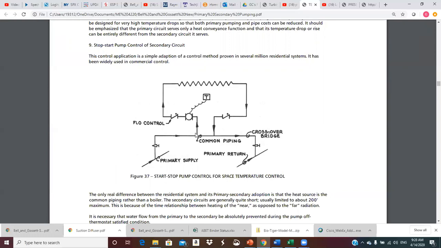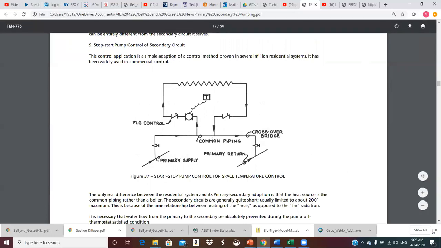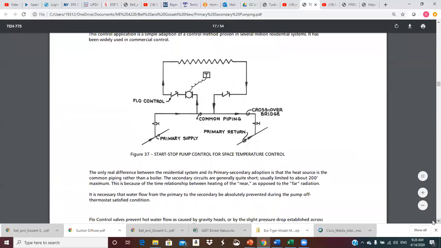It just depends on the design of the system. But this is going to circulate this hot water through the radiator or heat exchanger, come back, and return water will flow back into the crossover bridge. And if we're recirculating, we'll pull some back through the common pipe.